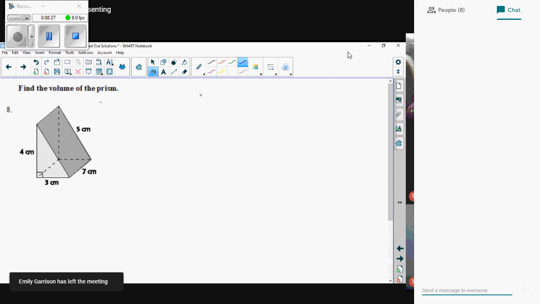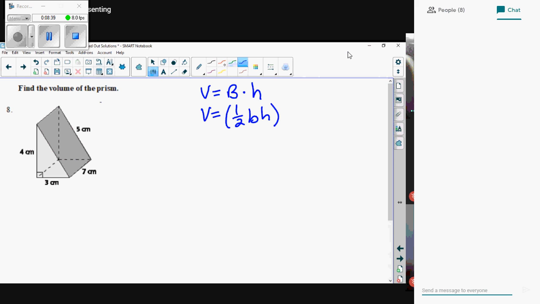So let's do problem 8, and then we'll go back to 7. Volume's still going to be the base area times the height. Your base area is still a triangle, so it's 1/2 base times height, and then we have this other h here, which is the height of the prism.